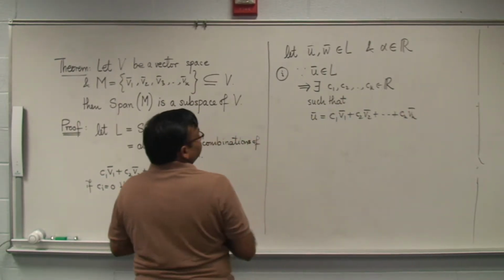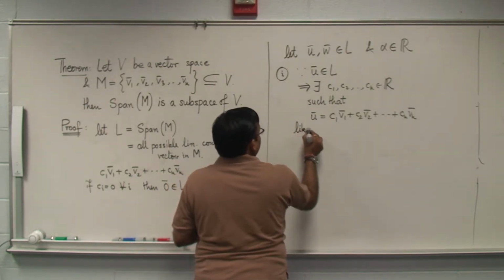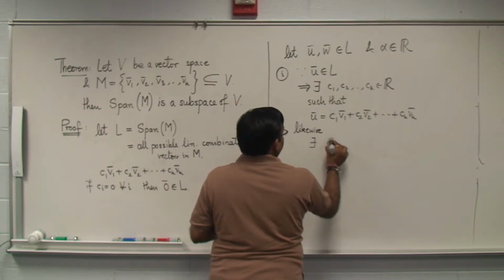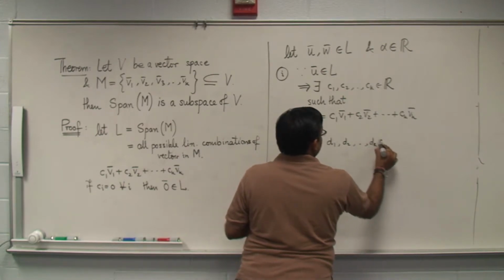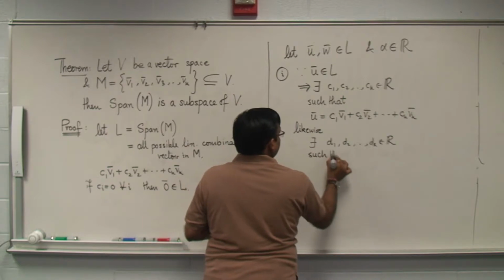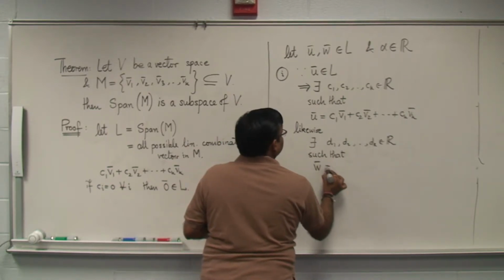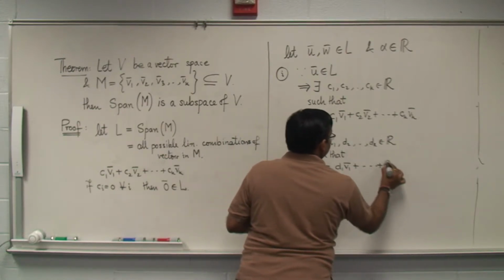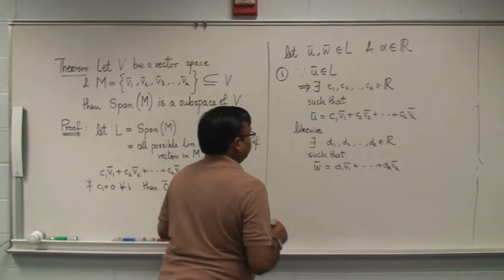Okay. Likewise, there exist scalars, let me call them d1, d2, ..., dk, such that w can be written as a linear combination of the vectors in M.